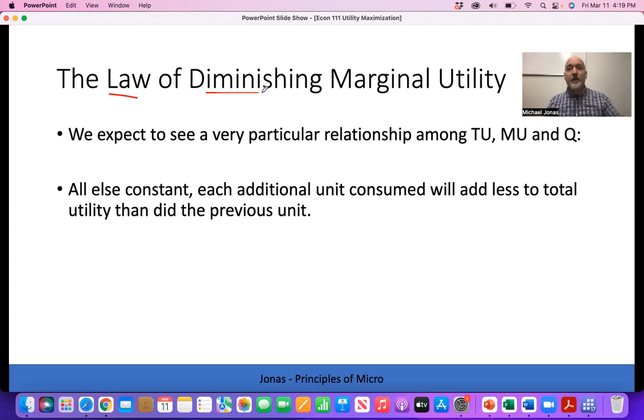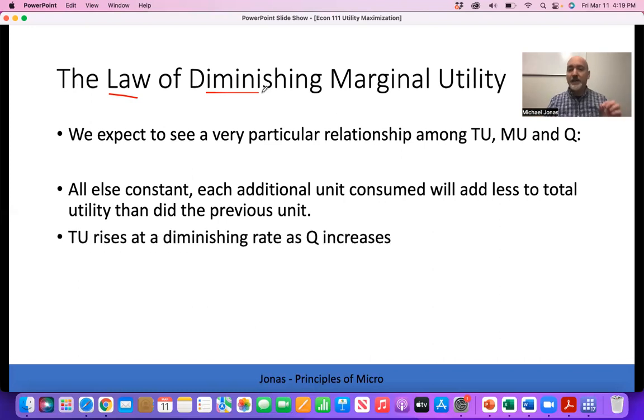So even if we're getting additional benefits, the change is going to get smaller and smaller. Our total happiness might be rising, but at a diminishing rate. And the other equivalent way of saying that is that our marginal utility, the additional gain, falls as consumption increases. All of those are equivalent statements here.